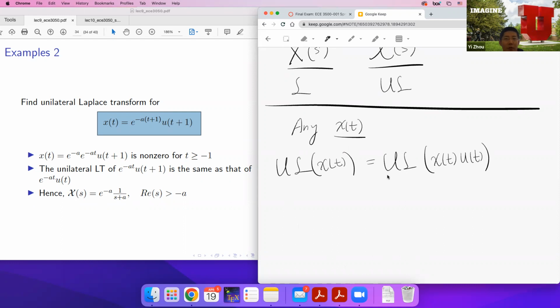Why? Because in the definition of the unilateral transform, the integration starts from 0. So I can add a u(t) for free. u(t) also restricts the signal to start from 0. So there's no loss of generality here.